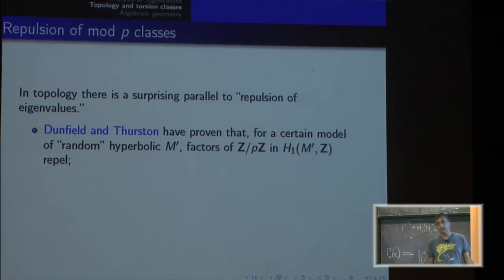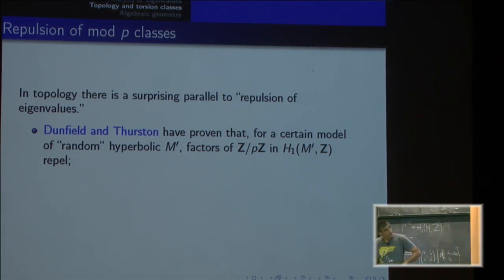These are almost always non-arithmetic. So you can think of this as a way of generating generic hyperbolic three manifolds. One thing they show is about the p-rank. They compute the dimension of the mod p homology. I should have said Z mod p here. So to speak, factors of Z mod p repel each other.